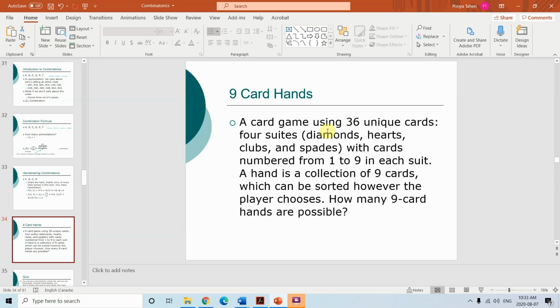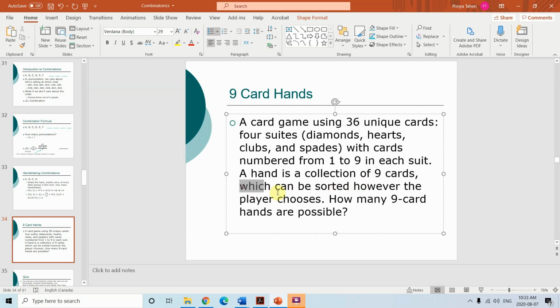Another example: we have a card game using 36 unique cards with 4 suits: diamonds, hearts, clubs, and spades. Cards are numbered from 1 to 9 in each suit. A hand is a collection of 9 cards, which can be sorted however the player chooses.